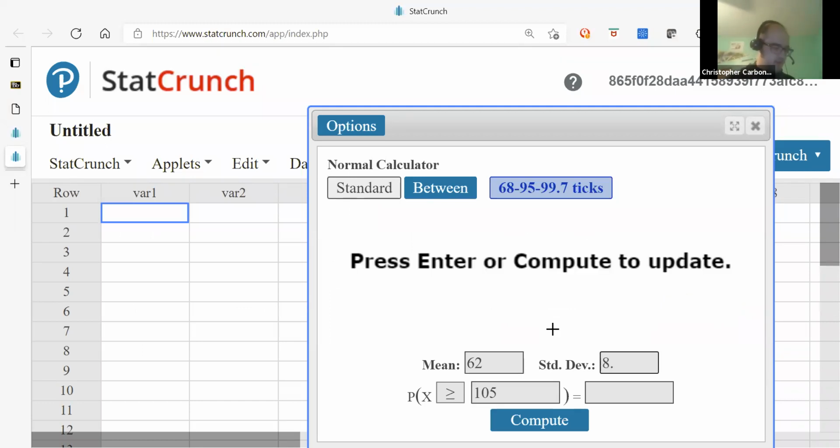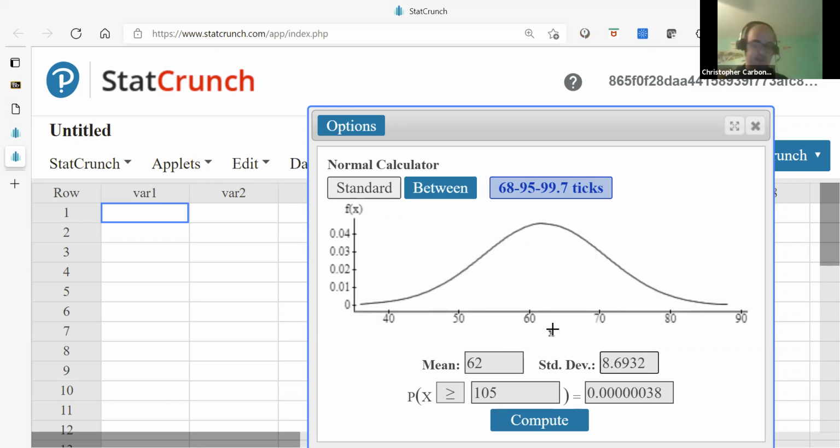Oh, excuse me, I wrote the wrong number before. This would be 8.6932. I'll update on the page in one second. This gives us a very small decimal, 0.00000038. That's a total of 6 zeros in front of it.